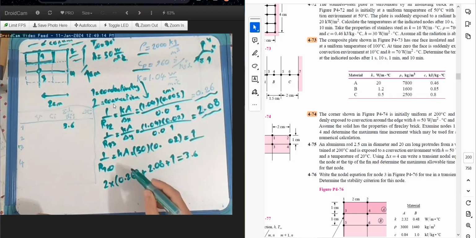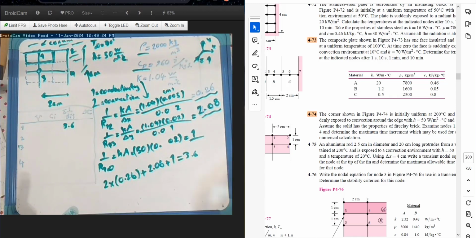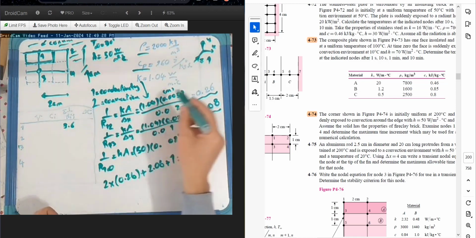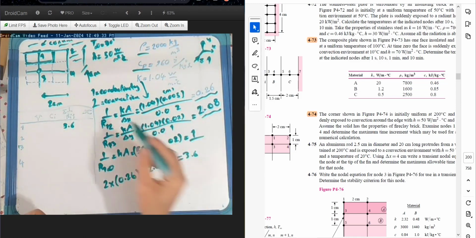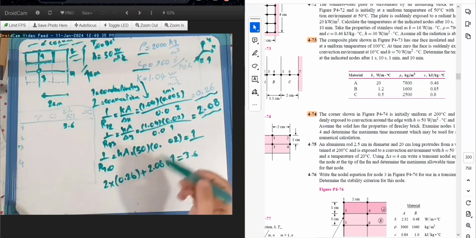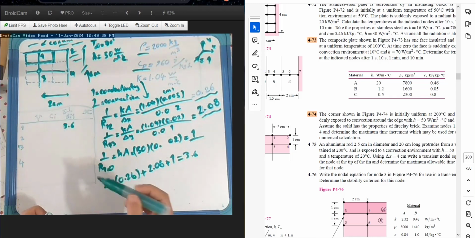I should do this process for all of the other points. It was for just point 1, but we have it for points 2, 4, and 3.